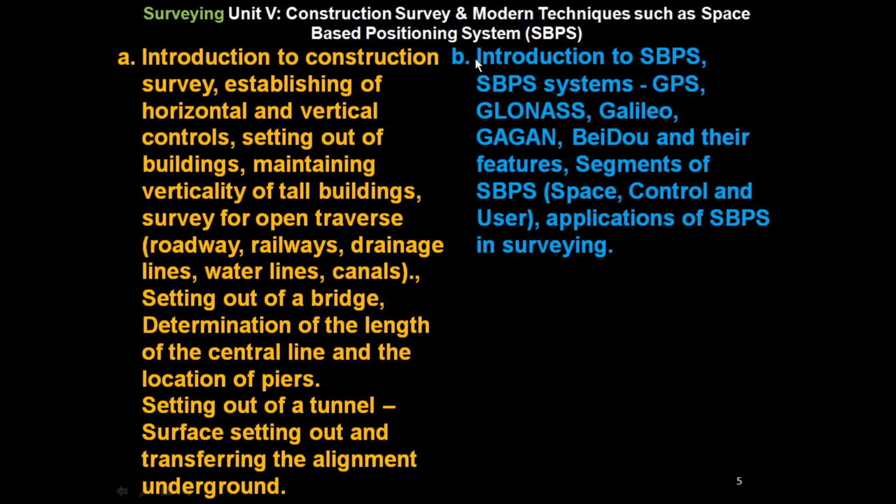It also includes Part B, which includes Introduction to SBPS, that is Space-Based Positioning System; SBPS systems: GPS, GLONASS, Galileo, GAGAN, Beidou and their features; segments of SBPS: space, control and user; and applications of SBPS in surveying.